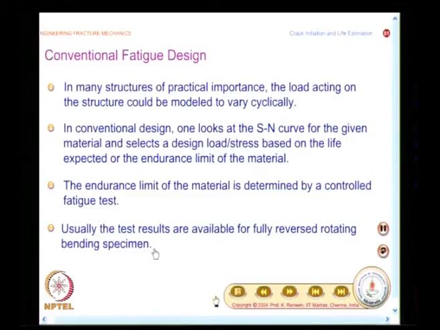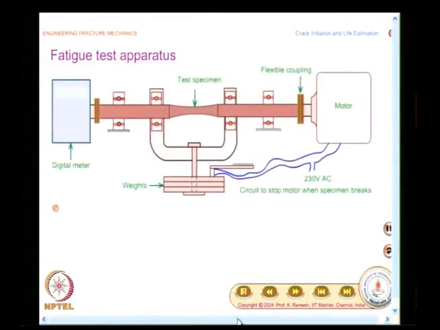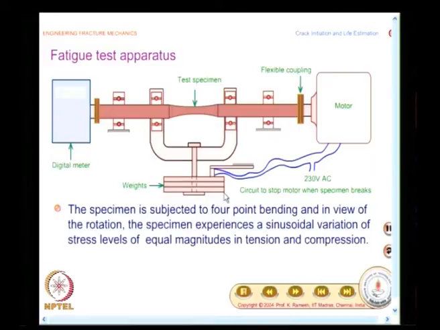If somebody gives you the SN curve, the default specimen configuration is the fully reversed rotating bending specimen. For any other situation, you must bring in appropriate correction factors to those results. Those results are well documented in fatigue literature. And the point I would like to emphasize here is, what do you do in a fatigue test?